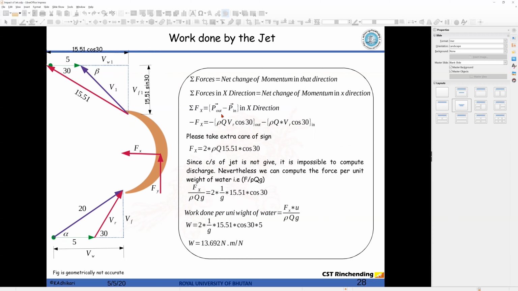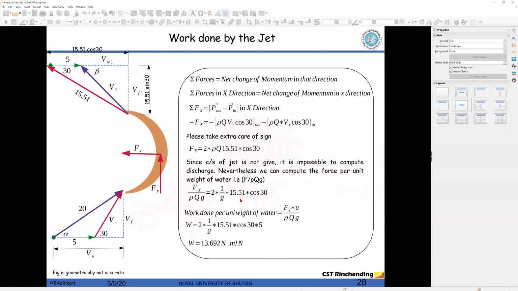Since Vr and Vr1 are equal if there are no frictional losses, you can simply say Vr, because it's going to be the same. So this 15.51 is equal to Vr. So Vr cos phi minus Vr cos 30. This is the component we're talking about, and then we can calculate the force.